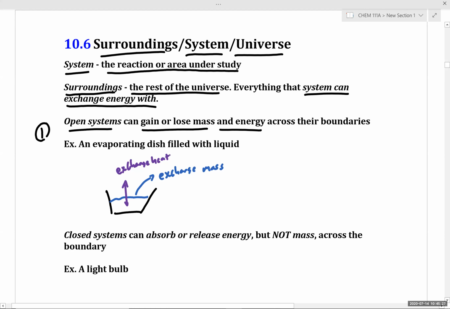And we see this in our day-to-day lives by the fact that if you take an evaporating dish and let it sit for a long period of time, the water will eventually evaporate. We are exchanging mass with our surroundings. You can also just as easily heat your evaporating dish and exchange heat with your surroundings.